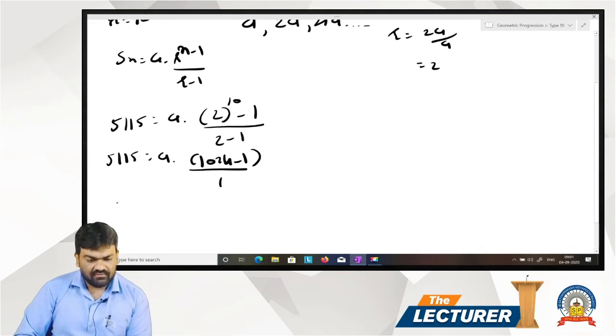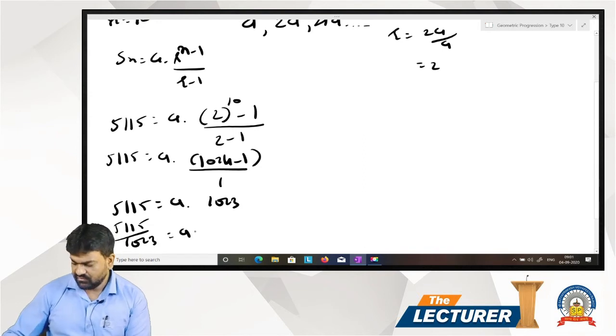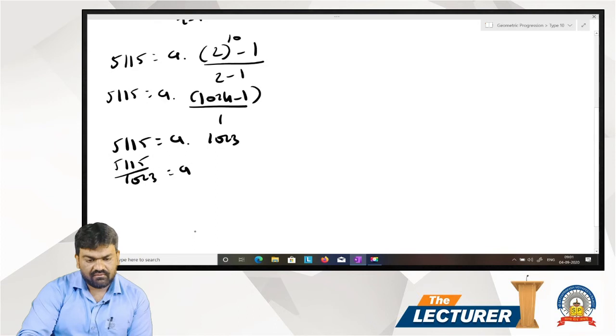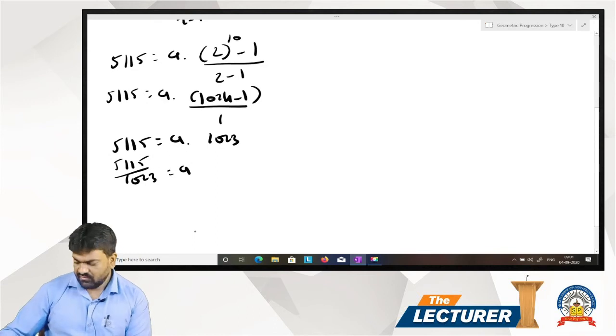So 5115 is equal to a times 1023. 5115 divided by 1023 is equal to a. 5115 divided by 1023, that is 5.